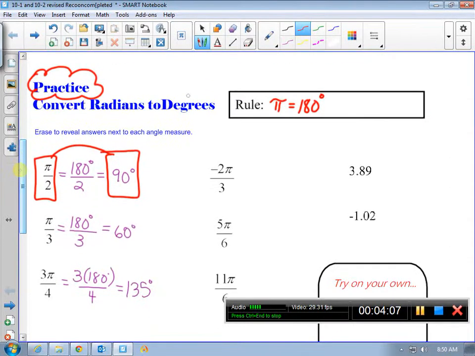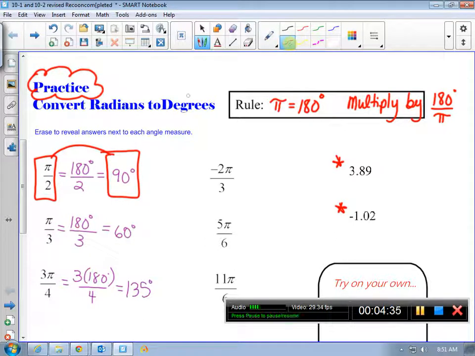Another way to do these, and this way is useful if you don't have pi in the question, like this one and this one, is to multiply by 180 degrees divided by pi. Think about what you're doing there.